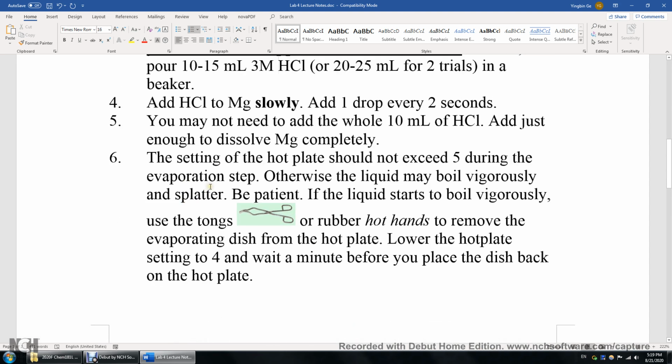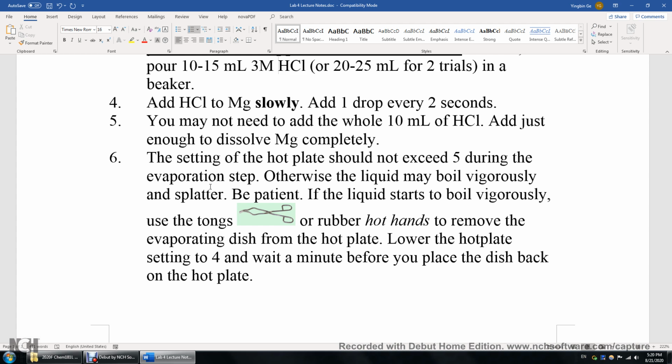After magnesium is fully dissolved, you have an aqueous solution of magnesium chloride and a little bit of unreacted HCl. So we will have to evaporate water and HCl to get 100% pure magnesium chloride. We'll use a hot plate for this purpose.